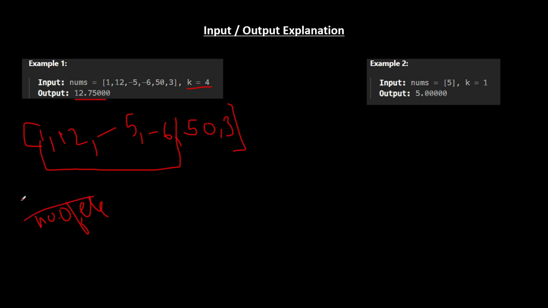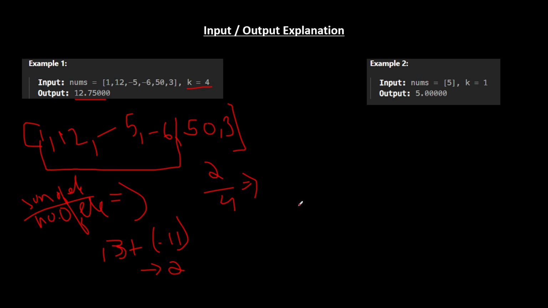So the total sum of elements here is 12 plus 1, 13, minus 5 and minus 6 addition gives us minus 11. So we have 13 plus minus 11, which gives us 2. 2 divided by 4 gives us 0 point something. So it is not the answer.